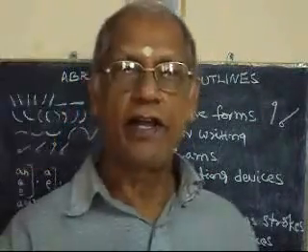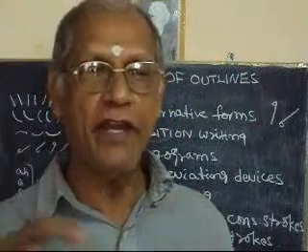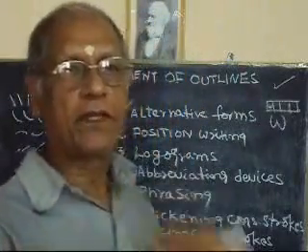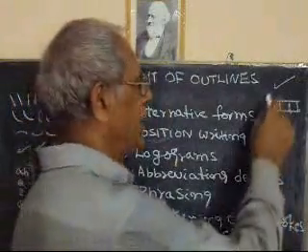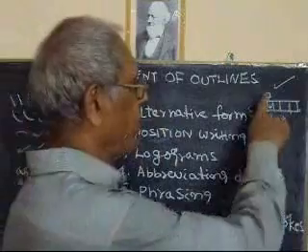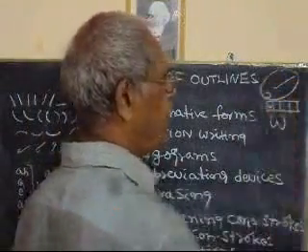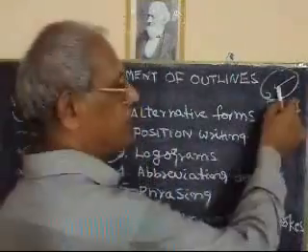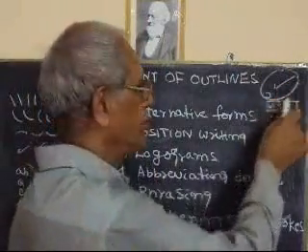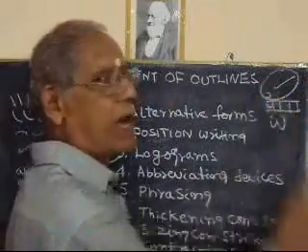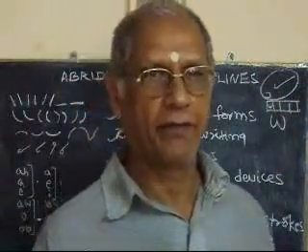Then we have already introduced abbreviating devices. For example, initial way is represented by a right semicircle. That means the consonant way is now represented with two forms. This is the basic consonantal form and this is the abbreviative form of way.